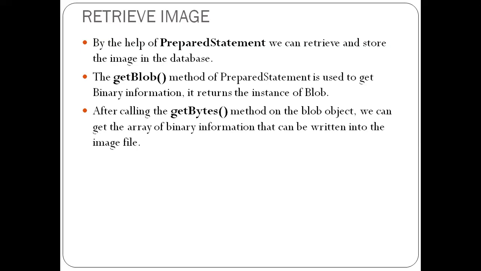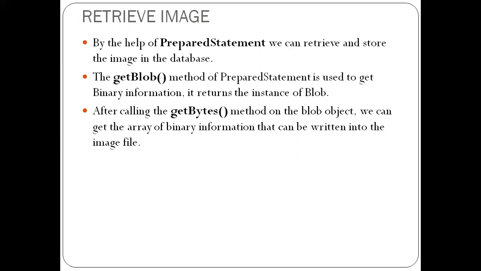And we need to store the binary data in an input stream object. Then we need to write the binary data into an image file by using file output stream. While reading the binary data from an input stream object, if we want to check whether we reached the end point or not, then we need to check with the value -1.